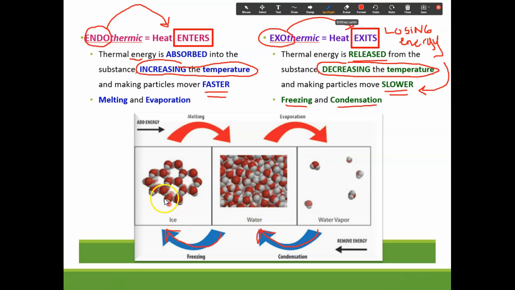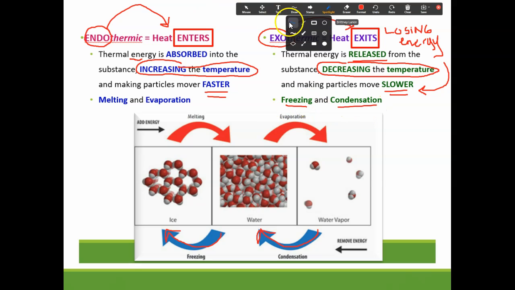And then turning even colder, losing even more heat and energy, they begin to move very, very slowly. They lose a lot of motion, and they begin to just kind of vibrate in place. They don't flow anymore, they aren't chaotic. So right here, they're moving much, much slower, which is why ice doesn't flow. Ice is very solid, ice is very rigid. All right, so that's going to be the other two types here.